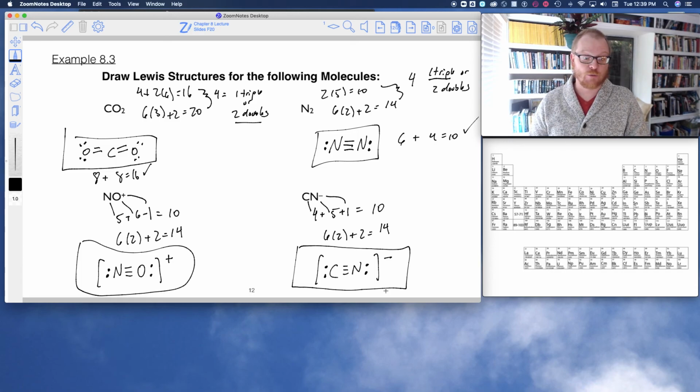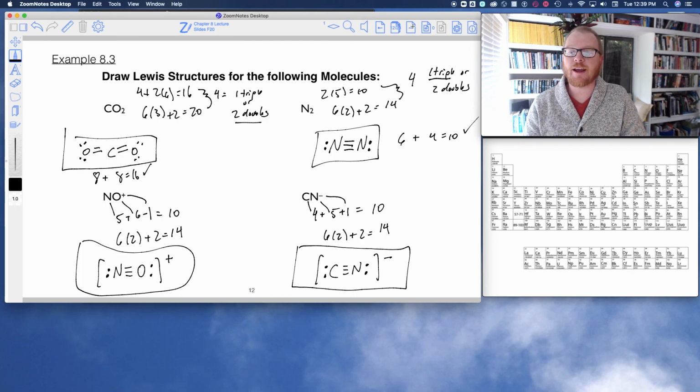Everything has the octet rule satisfied, so every atom has 8 electrons surrounding it. And if I were to go and count these up, you can see for all of these structures, 10 electrons each time, because each one of these molecules, into cyanide and the nitrogen monoxide cation, they all have 10 electrons, okay? So that's pretty cool.